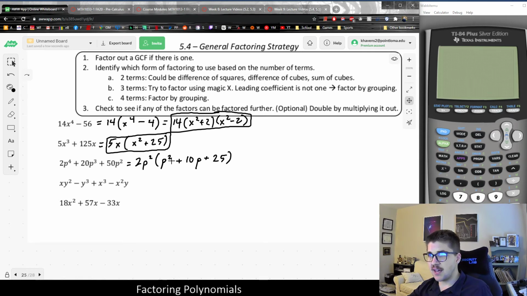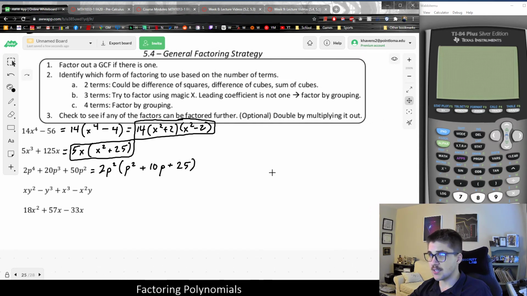Here, it looks like we have a standard 3-term trinomial, and so I could move to the magic x. Or technically, this is what's called a perfect square trinomial. If you recognize that, there is a shortcut, but it should be pretty easy to identify with the magic x method. So AC on top, B on bottom, 5 times 5 is 25, and 5 plus 5 is 10.